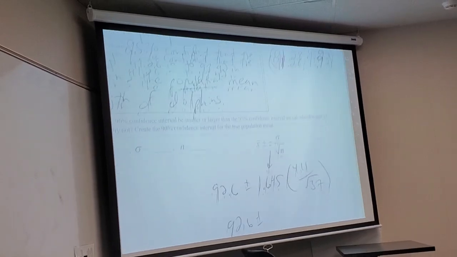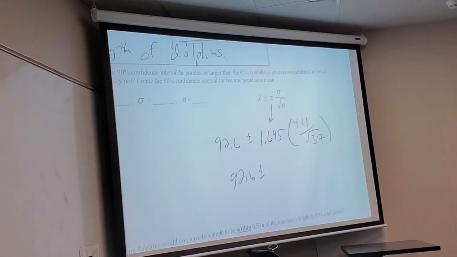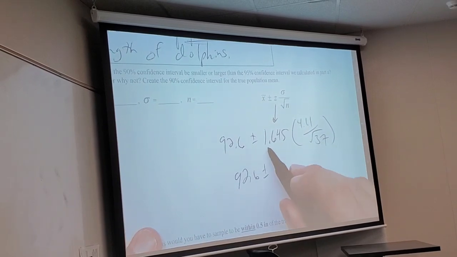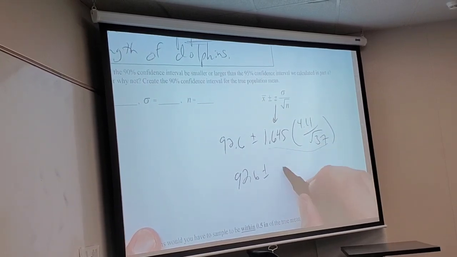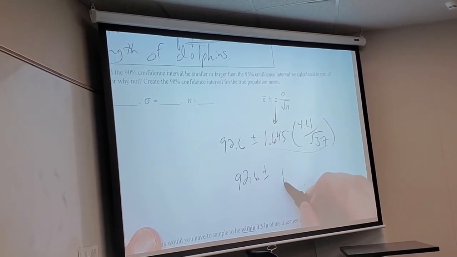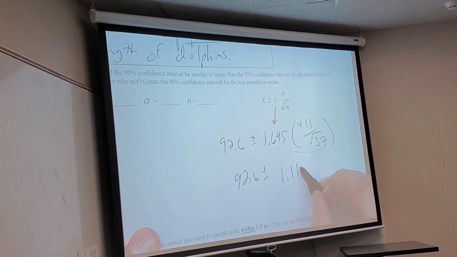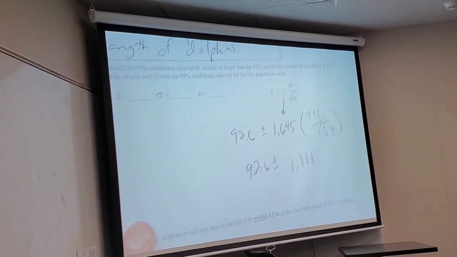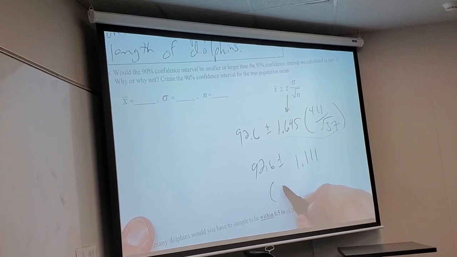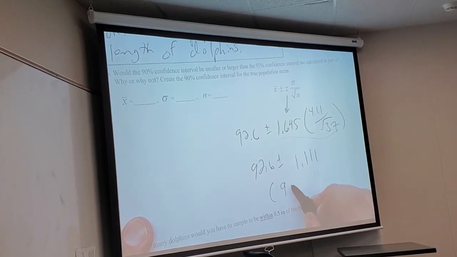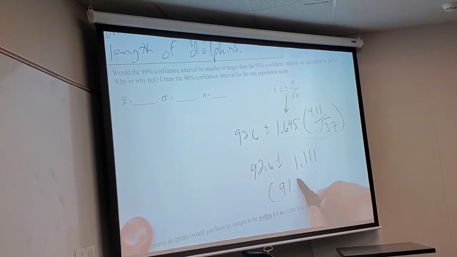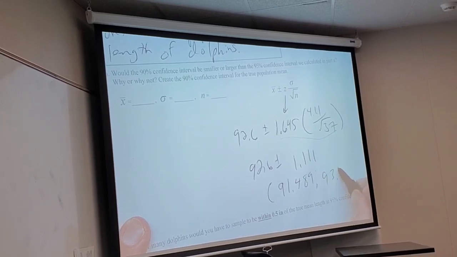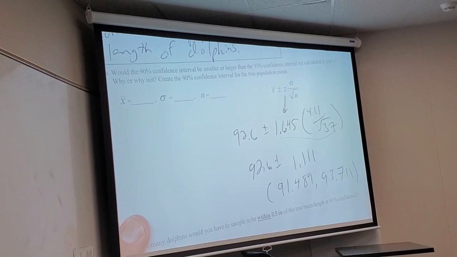So what do you get for the error this time? 90.3. No, what do you get for the error? 1.111? Neither. Okay. So then your confidence interval is 91.489 up to 93.711. Okay.